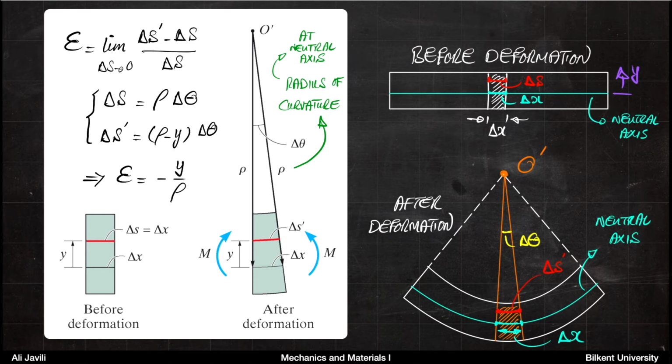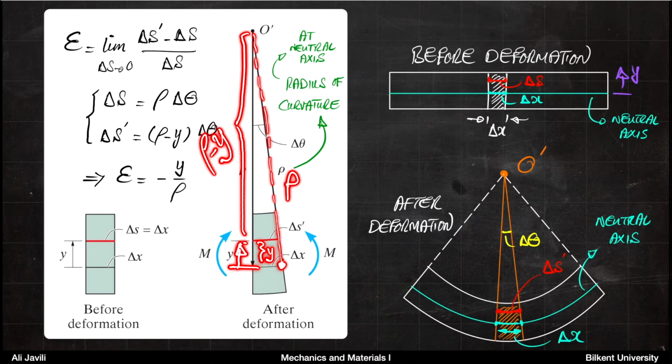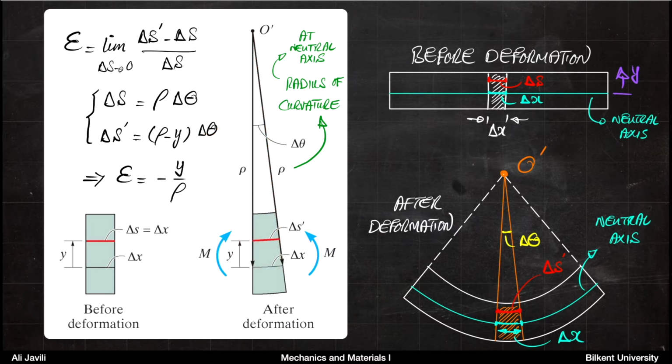Again, remember the distance here is simply rho minus y, because rho is the distance from the center to the neutral axis, and then you set your coordinate to measure the distance from the neutral axis. So this would be y, this would be rho, and therefore the distance here is rho minus y. So delta S prime is rho minus y delta theta.